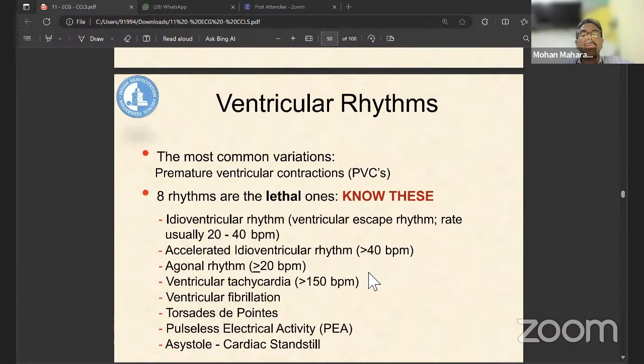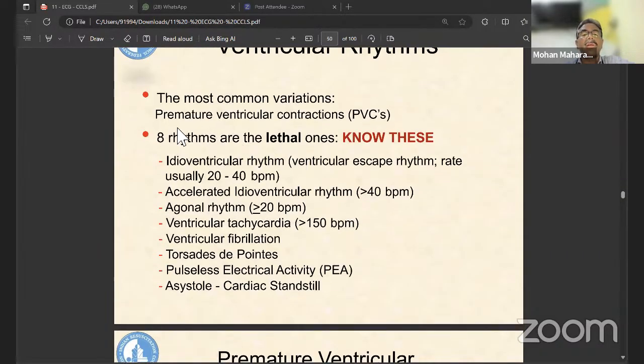So what are the most common variations? The most common variations include premature ventricular contractions, PVCs. Eight rhythms are lethal ones. Know this, please red mark, remember this here. Idioventricular rhythm, the ventricular escape rhythm, rate usually 20 to 40 beats per minute. Accelerated idioventricular rhythm, more than 40 beats per minute.